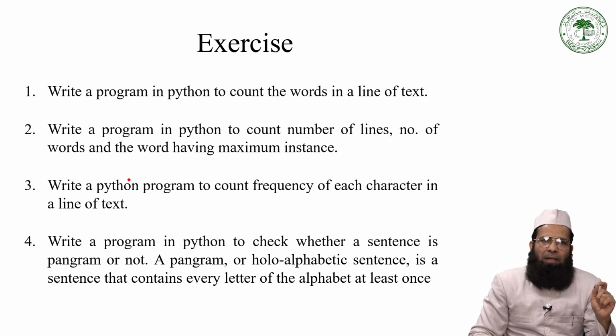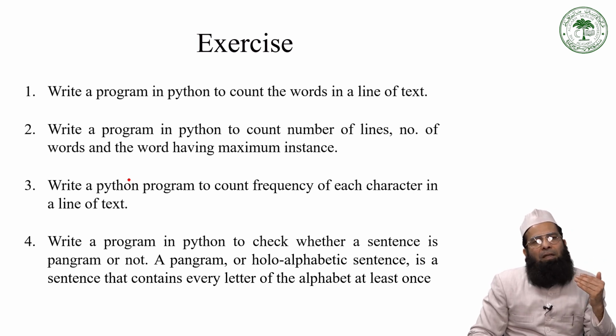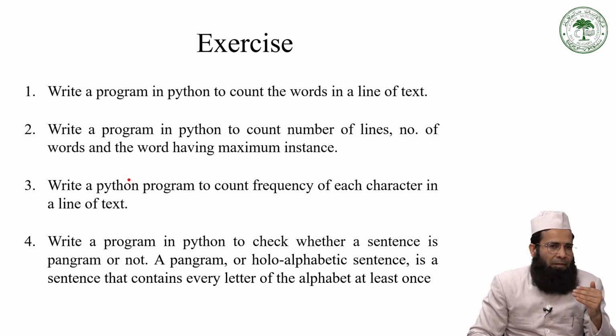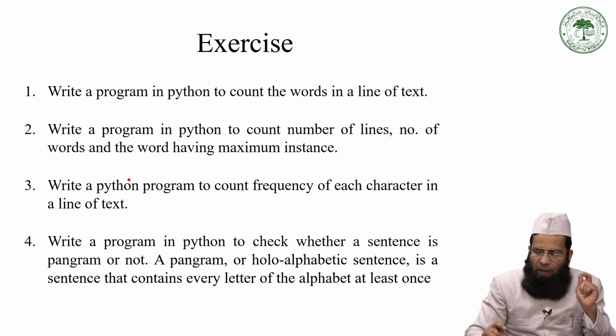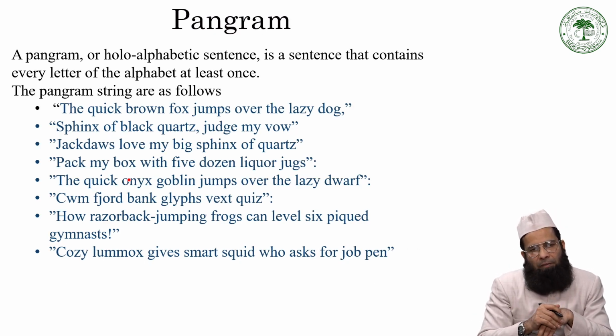In a similar manner, if the length returns 26, it means that the string is a pangram, otherwise it is not. So in this way you can solve this particular problem. These are certain pangrams that you can use, right?